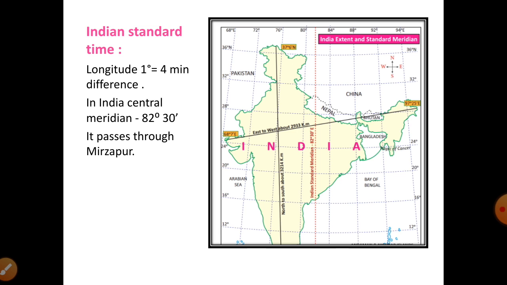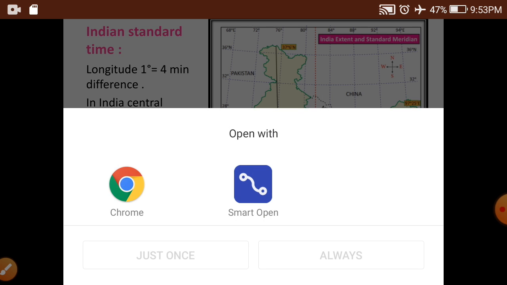The north to south extension, that is the distance, is 3214 kilometers. It is calculated from Jammu and Kashmir, that point is called Indra Kol, to Kanyakumari. That point, already told, is called Indira Point.